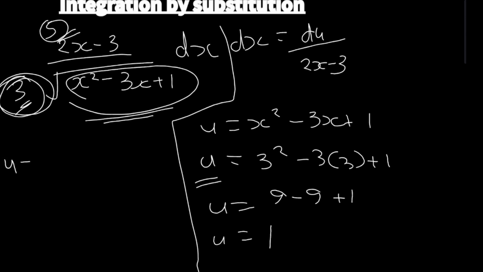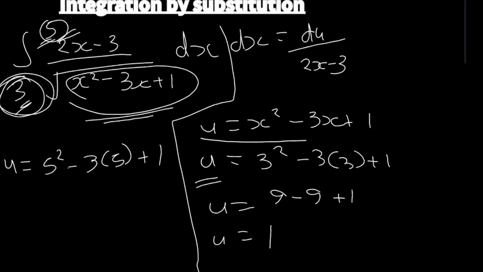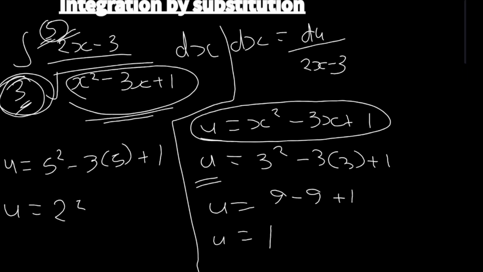And what will be our u when our x is 5? That will be 5 squared minus 3 times 5 plus 1. Our u will be 25 minus 15 plus 1. Our u will be 11.